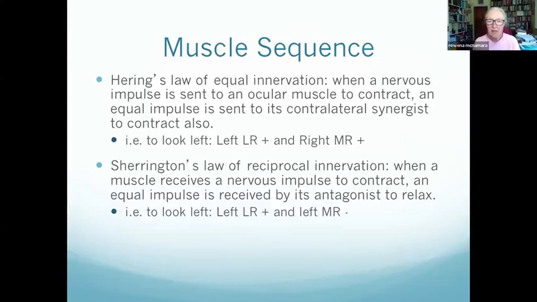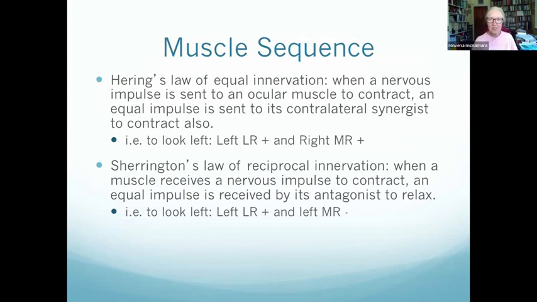And there is a reaction to that defect which happens in a pattern, and those patterns have been called laws or reasons for the patterns. So to understand the pattern of change, we need to make sure that we have understood Herring's law of equal innervation.